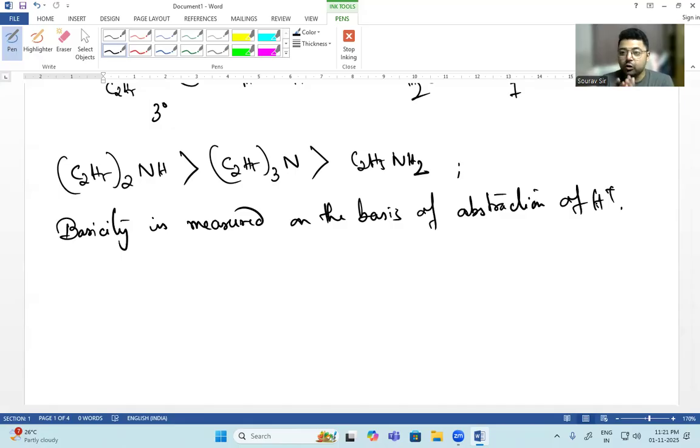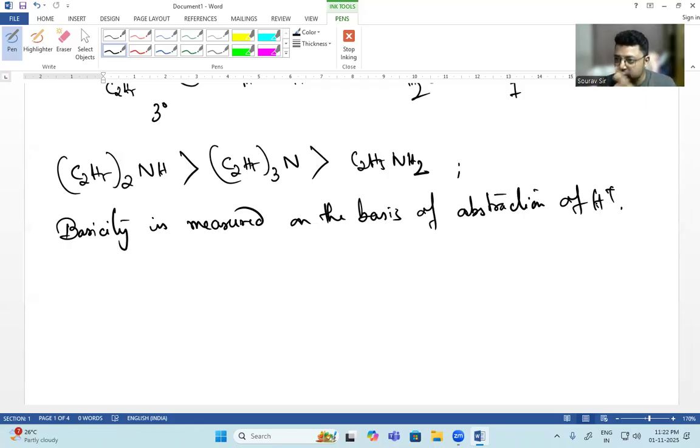Basicity is measured on the basis of my ease of abstracting or taking an H plus from someone. Here the bases are doing that with water. It is taking the hydrogen from water. So who will take the hydrogen from water? The lone pair on nitrogen will first make a hydrogen bond with the hydrogen of the water molecule, thereby extracting it from there.